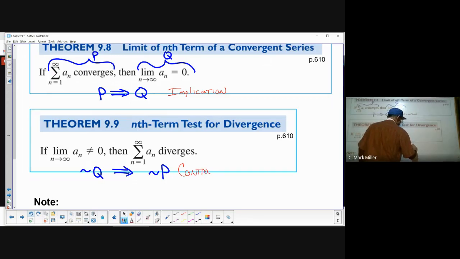You have to know how to use it, though. Here's the punchline. An implication and its contrapositive are logically equivalent. Means they're the same.